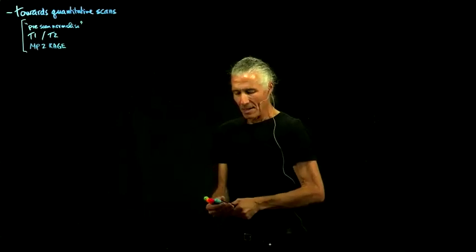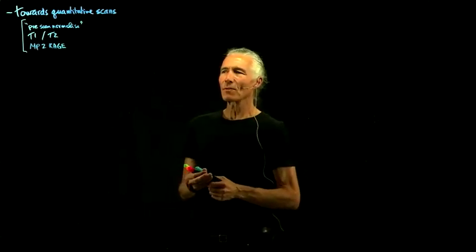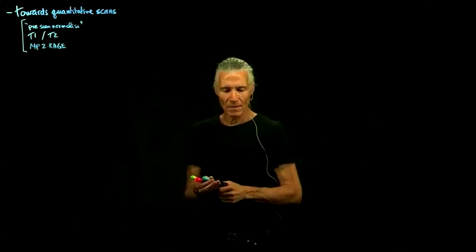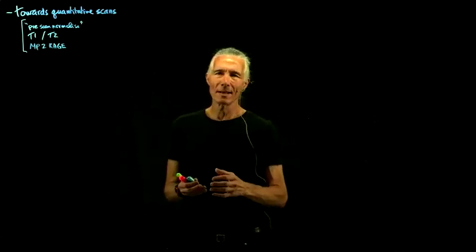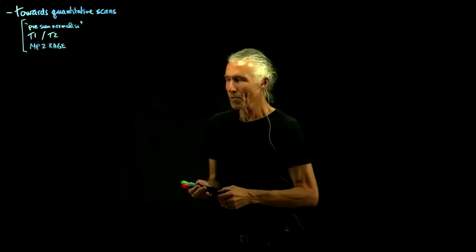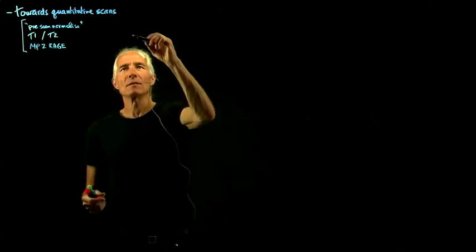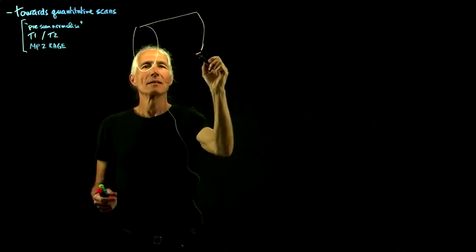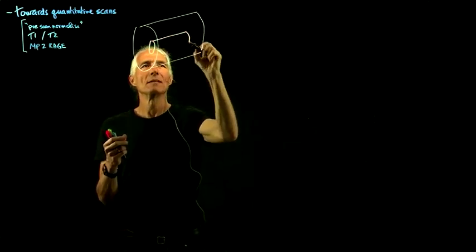What this does is, before the real scan runs, a very quick and dirty scan is collected through the body coil. So here's your magnet, and you've got the so-called body coil in there.